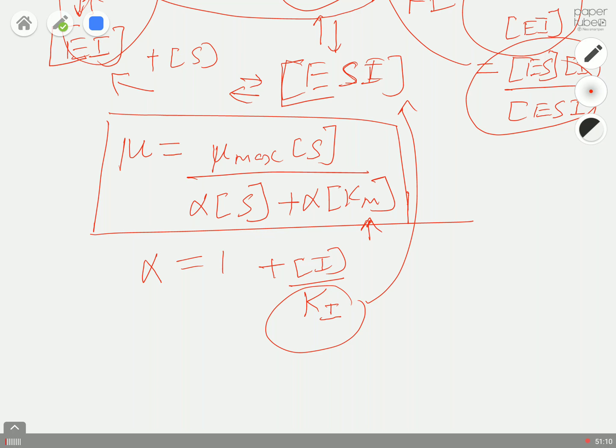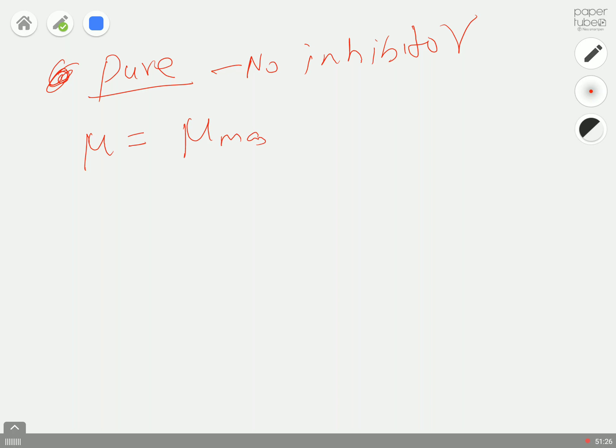So let's summarize these equations. Let's say pure, which means no inhibitor, is given by Michaelis-Menten kinetics.